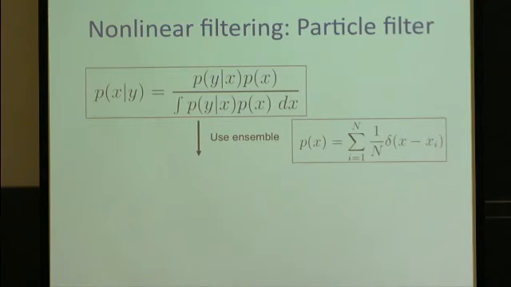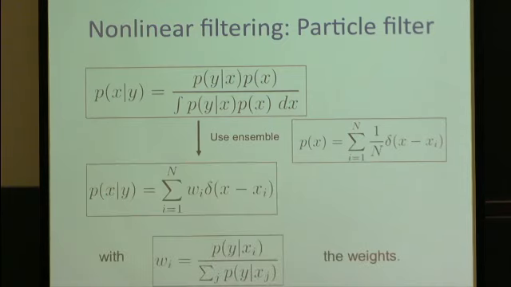Well, you just take samples from the prior, and so you can write the prior as the sum of delta functions over here, where i is the sample index. Then you plug this equation into that one, and for the posterior PDF you get this expression over here.